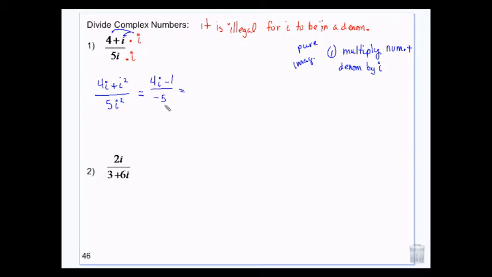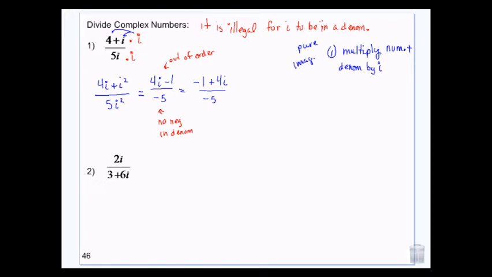But we don't like this because it's out of order. And we don't like this because we don't like negatives in the denominator. So if I just change the order, I get -1 plus 4i over -5.